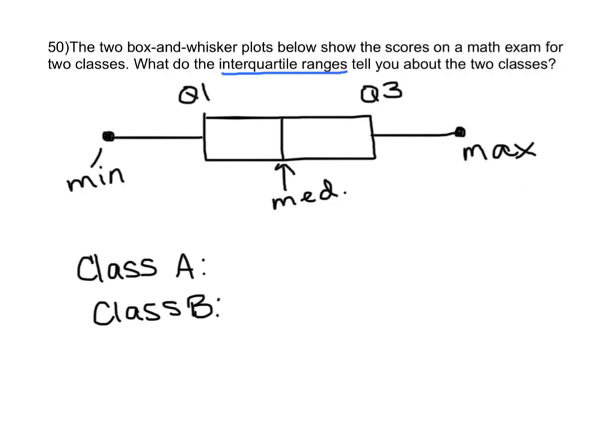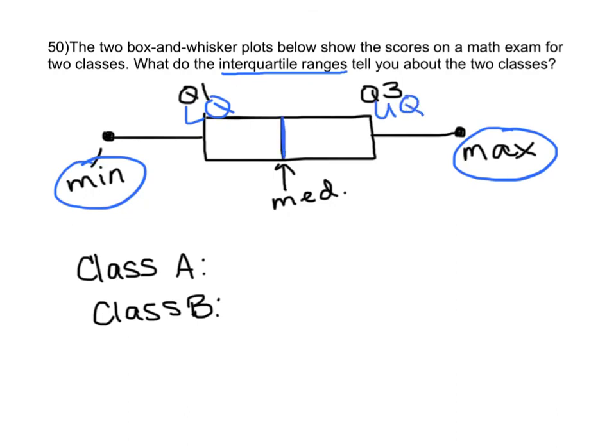Remembering what a box and whisker plot represents, the spot down here at the very end represents your minimum, or the lowest number. The max is up here, that's your highest number. And then here you've got your quartile 1, or your lower quartile, and quartile 3, which is your upper quartile.